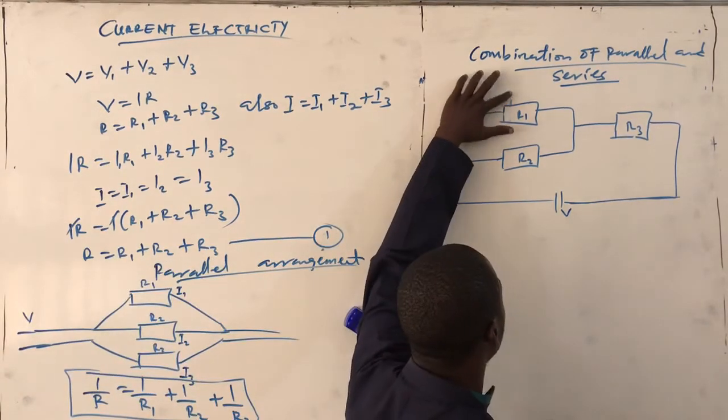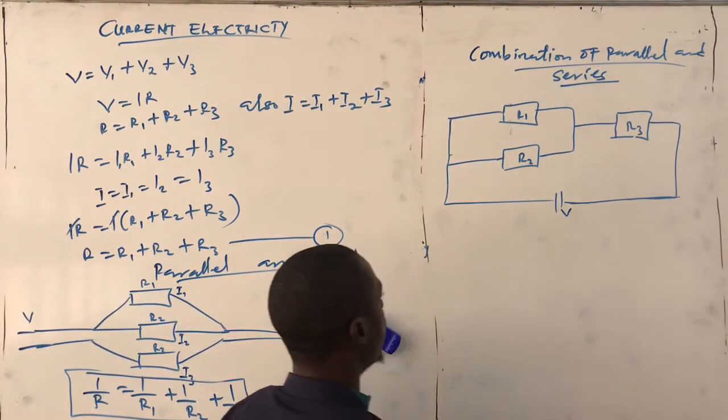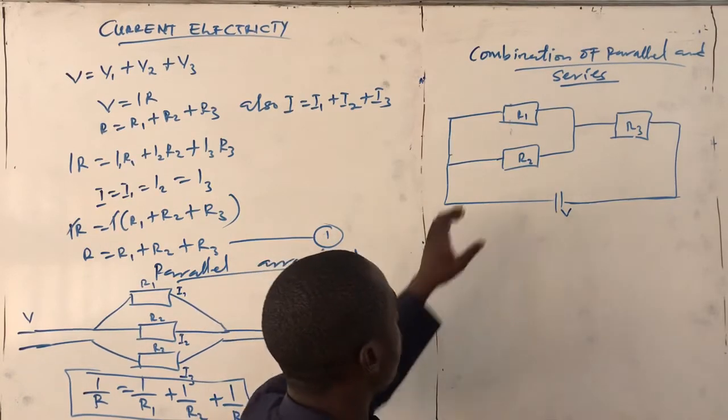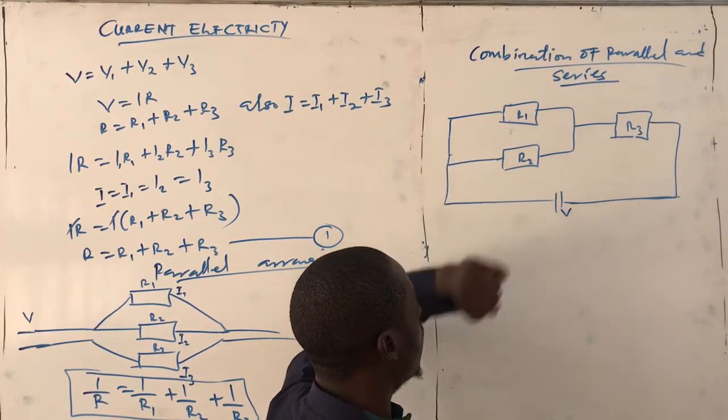Now, this is what we can calculate here. The first thing is we have to find the series and the parallel combination.